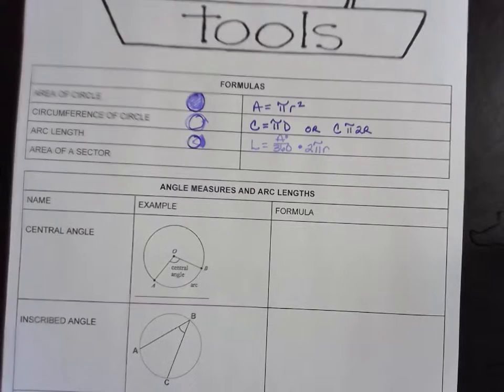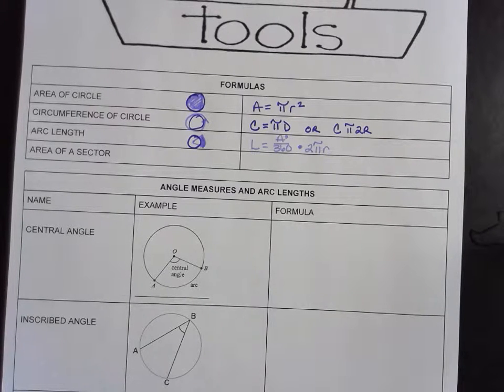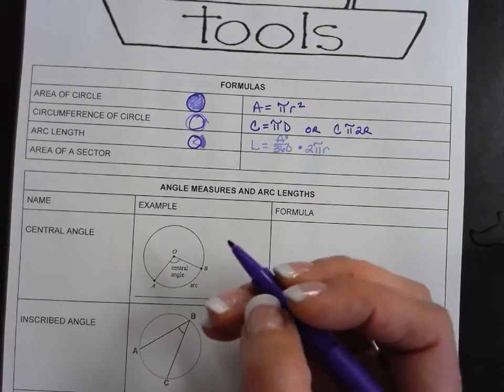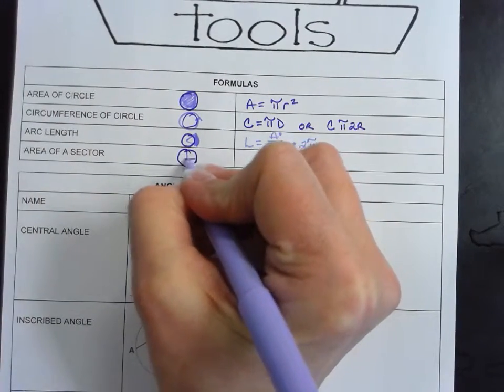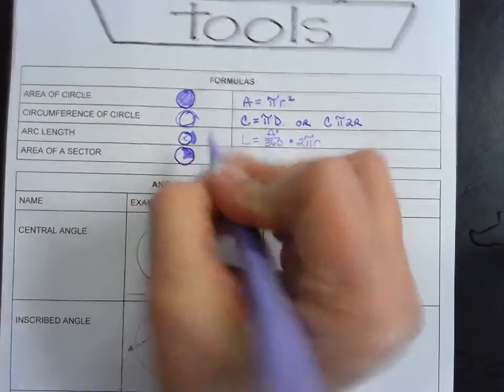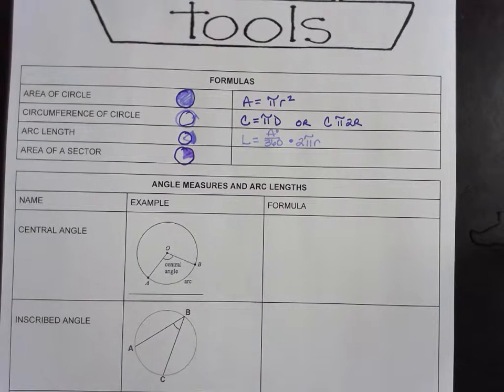What about area of a sector? Anybody remember that one? That would be if we're just looking for a certain portion of the area.